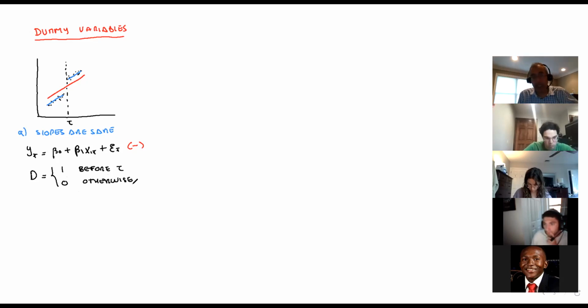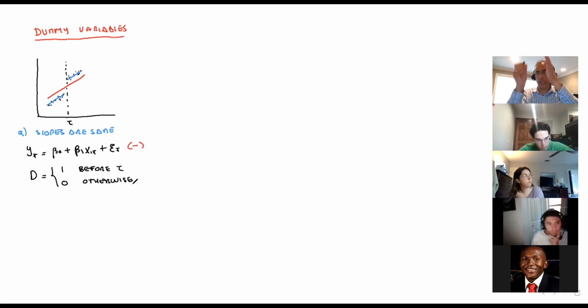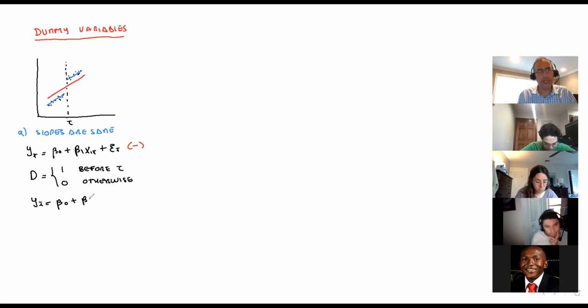So basically what I'm doing, guys, is, if you imagine your Excel, for all the observations before time tau, I put 1, 1, 1, 1, 1, 1, and after that 0, 0, 0, 0. So I'm creating a new column. That's all I'm doing. Now my new model, guys, is going to be y_t equals beta 0 plus beta 1 x_1t plus beta 2 d plus my error.